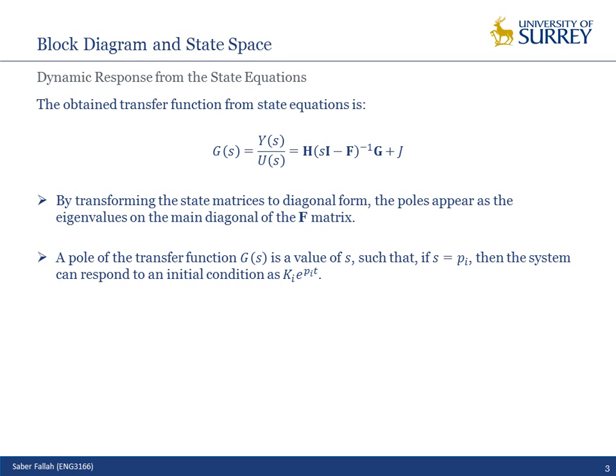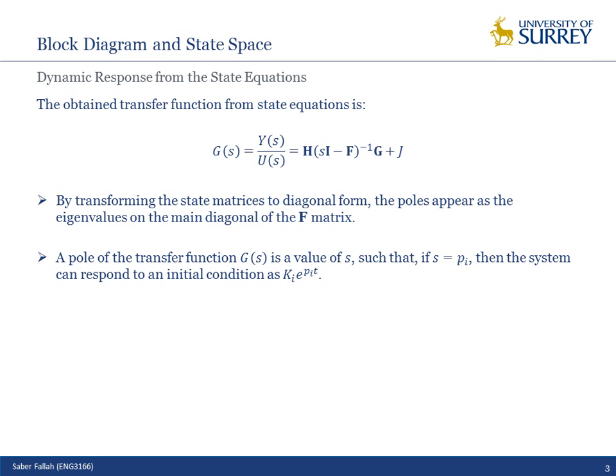So what was just explained is that if s is equal to Pi, then the pole of the first order system is Pi. So that's the reason for having the response to an initial condition.